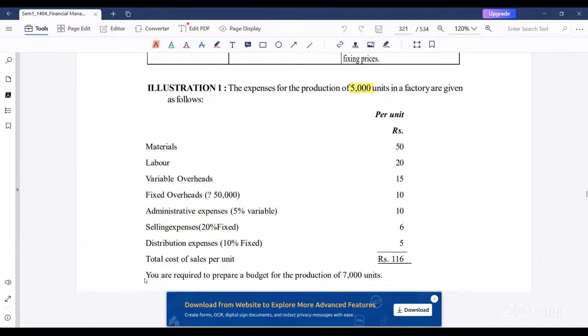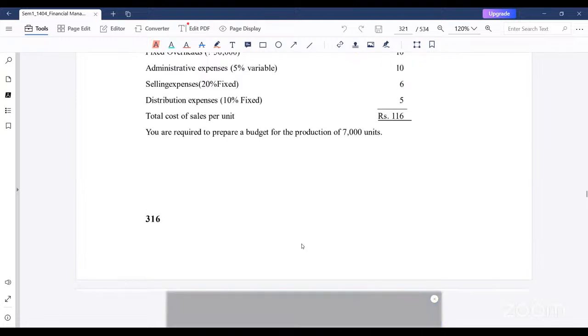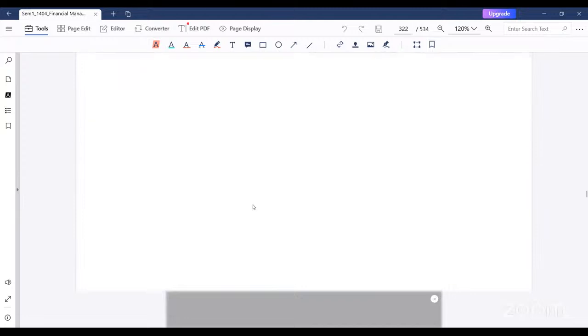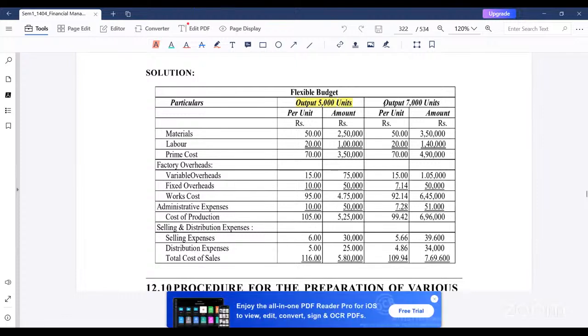Now, you are required to prepare a budget for the production of 7,000 units. For how many units do you need to prepare? This is called flexible budget. Now look here: for 5,000 units and for 7,000 units. First, let's see these rates. These rates are very important for us.